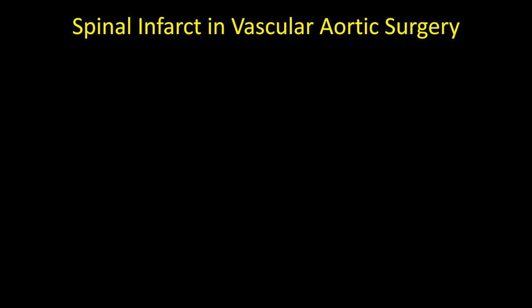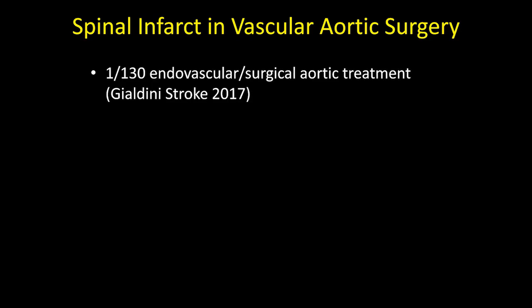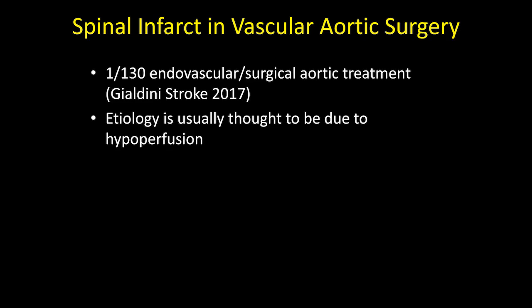Don't forget the occurrence of spinal infarct in vascular aortic surgery, and you will have approximately 1 every 130 between endovascular and surgical aortic treatment, and the etiology is usually thought to be hypoperfusion.